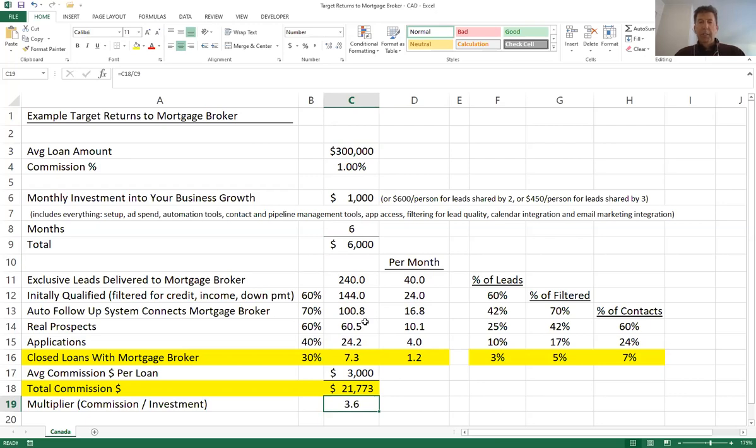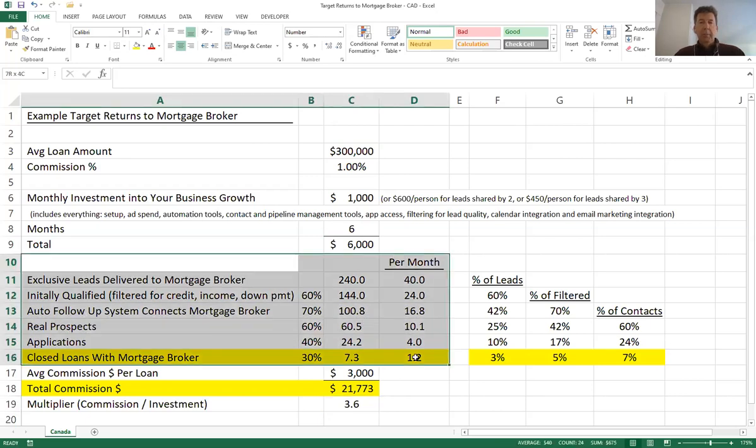Now, there are a couple things I want to convey before we get too excited about tripling our money. First of all, this period here, this is a build. This is not a flip a switch and turn it on and immediately have a loan close for you month one. If that happens, frankly, I'd be surprised.